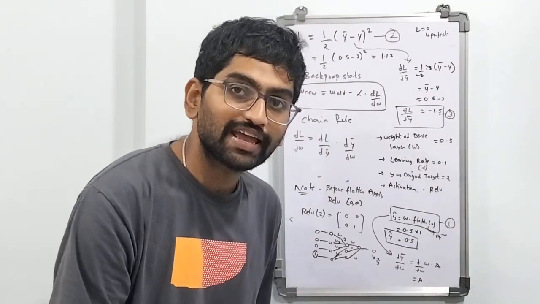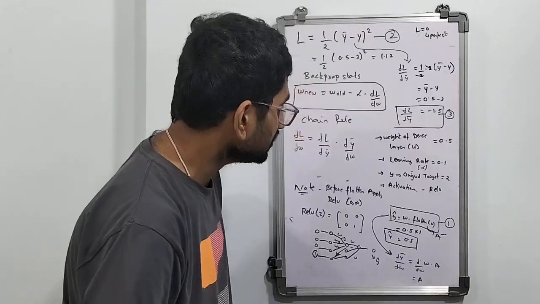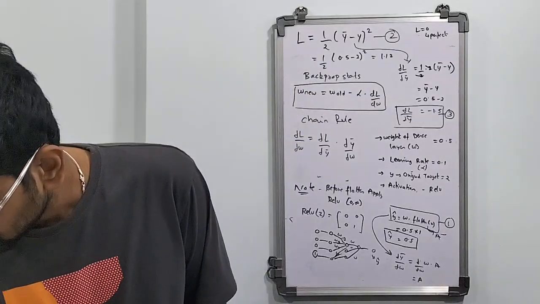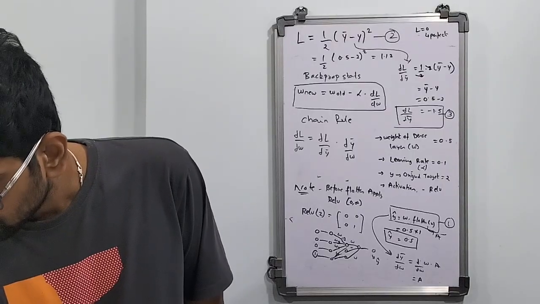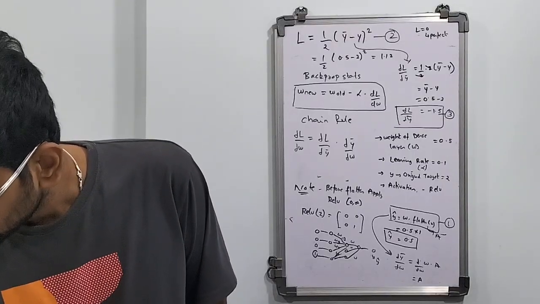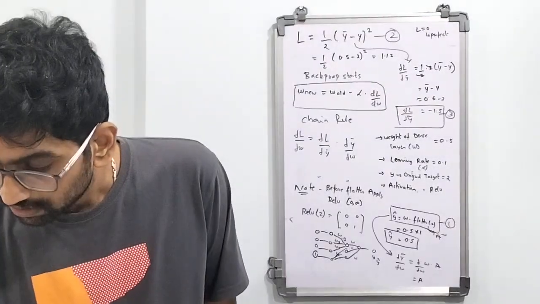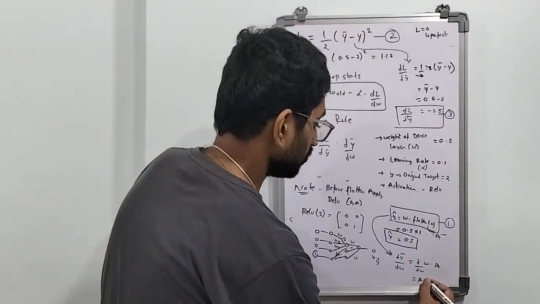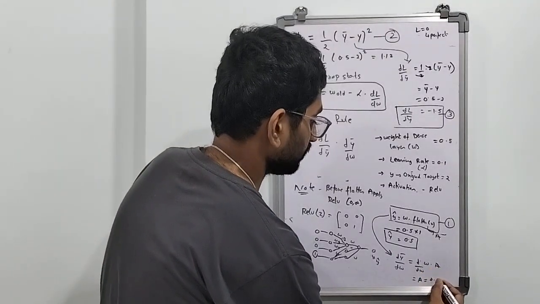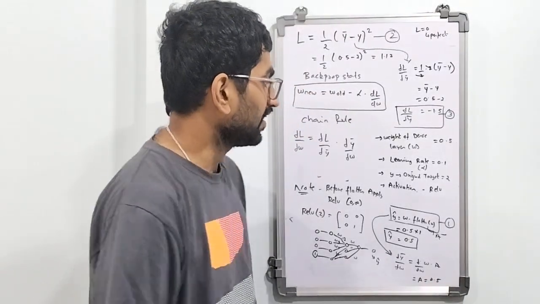What is the value of a? You got the value of a as 0.5. I hope you understood how you got the value of a as 0.5.